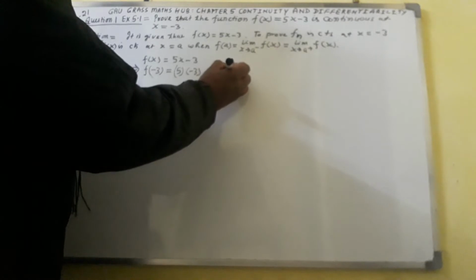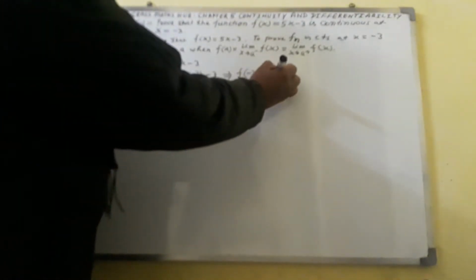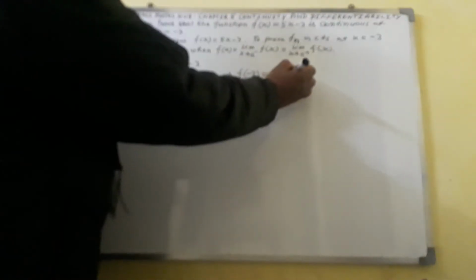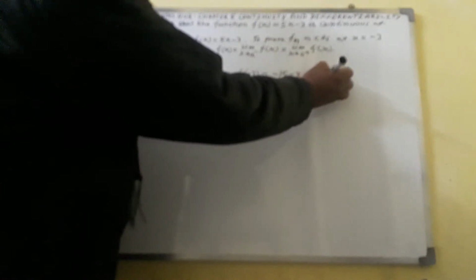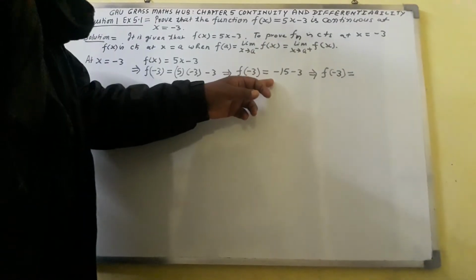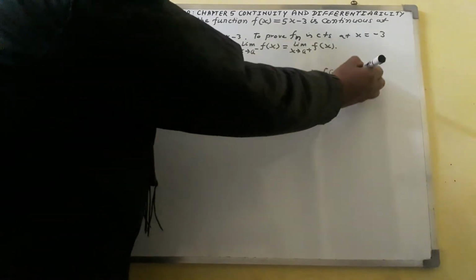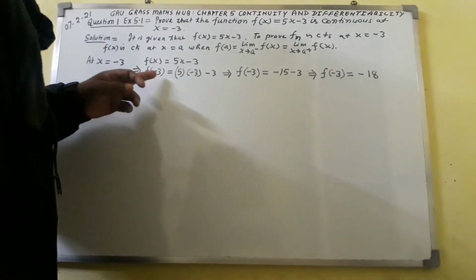It implies f of minus 3 comes out to be minus 15 minus 3, which comes out to minus 18. f of minus 3 comes out to be minus 18.